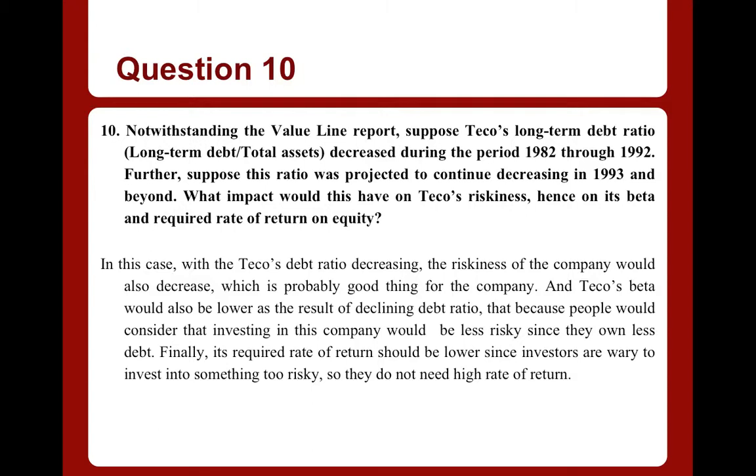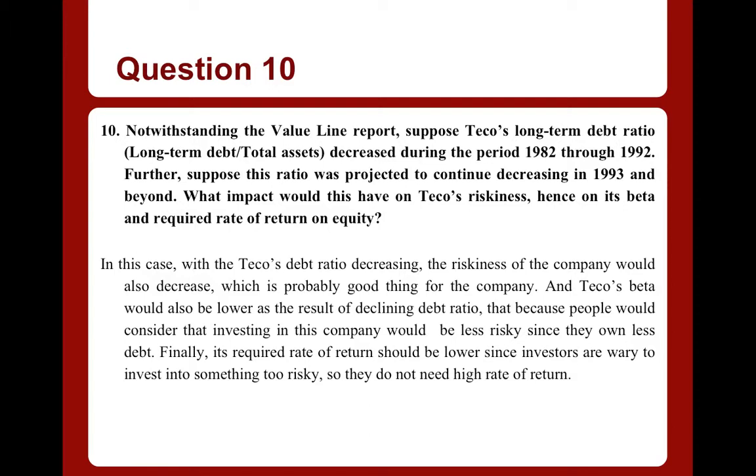Question 10. In this case, with TICO's debt ratio decreasing, the riskiness of the company would also decrease, which is probably a good thing for the company, and TICO's beta would also be lower as a result of the declining debt ratio.